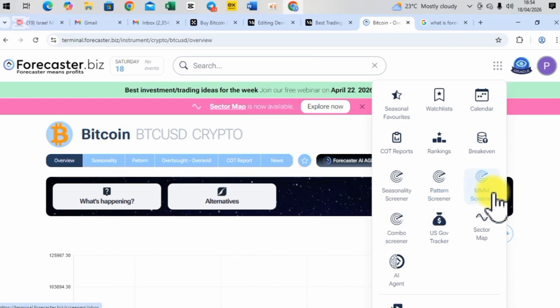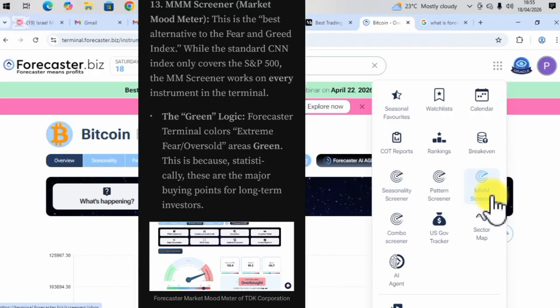Then we also have the triple M screener. The MMM screener, which stands for market mood meter, is the best alternative to the fear and greed index. While the standard CNN index only covers the S&P 500, the MMM screener works on every instrument in the terminal.